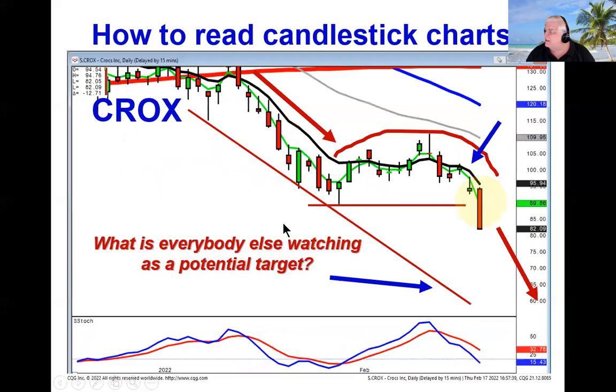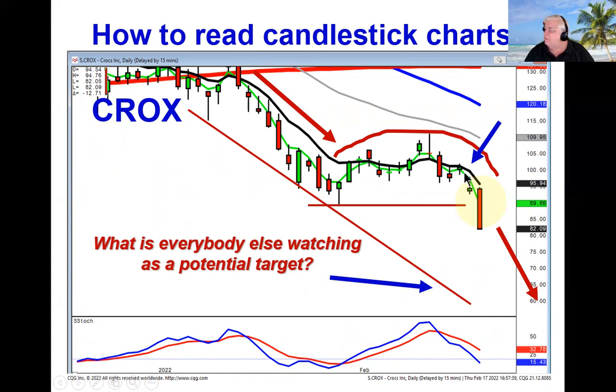So anytime we can see this setup, and then we can start seeing the dojis, if they breach this level, Crocs was one that in our chat room people were shorting because of this very simple wave 1, wave 2, bearish J-hook pattern, wave 3, with all the indicators being right here.